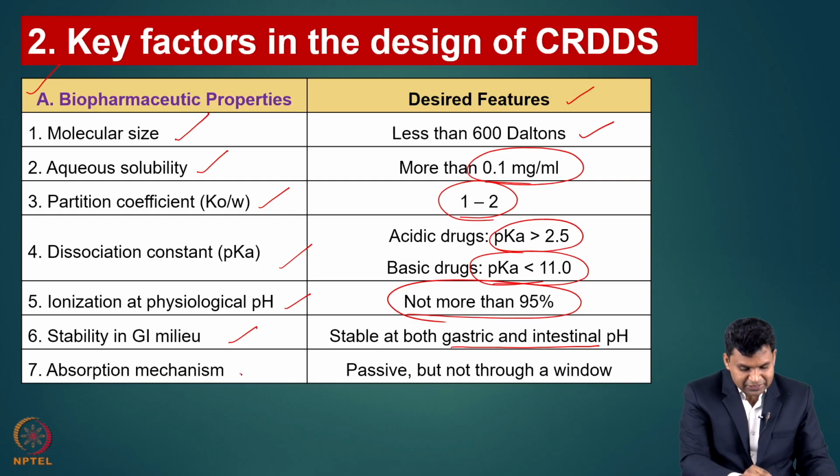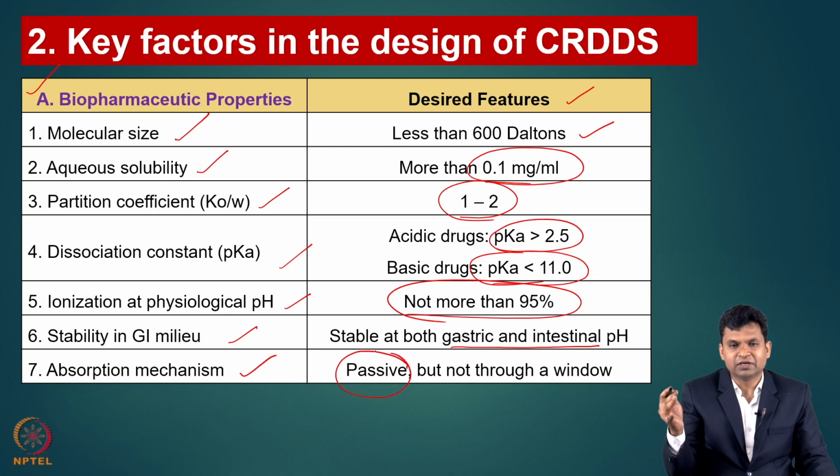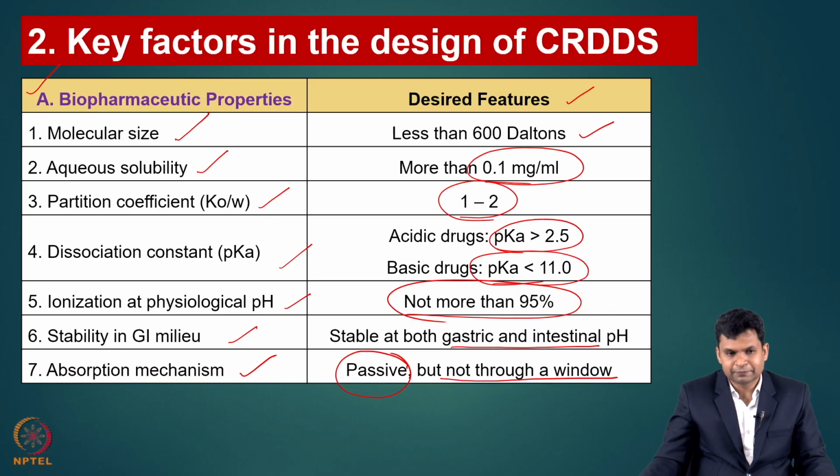Here the absorption mechanism is also very important. As we know, most of the drugs follow the passive mechanism, but not through an absorption window. If the drug follows any absorption window, then again we need to modify our strategies. So, these are some of the biopharmaceutic properties which are important for controlled release drug delivery systems.